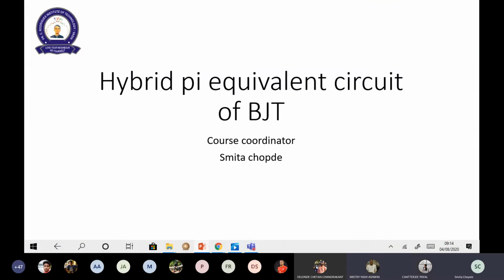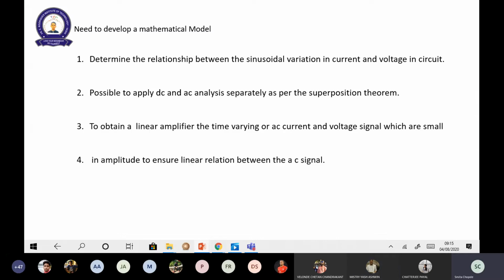Yes, ma'am. Fine. So need of mathematical model: it helps you to understand the real-time relation between a sinusoidal signal in current and voltage requirement of a circuit. Okay, so determine the relationship between the sinusoidal variation in current and voltage in the circuit.